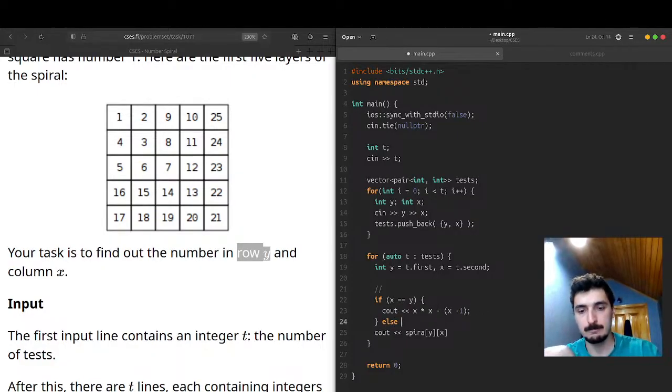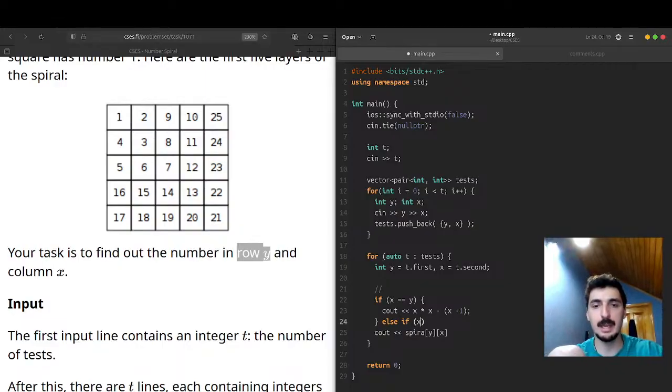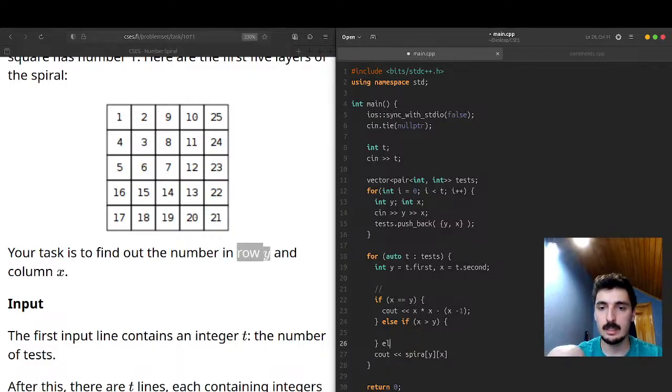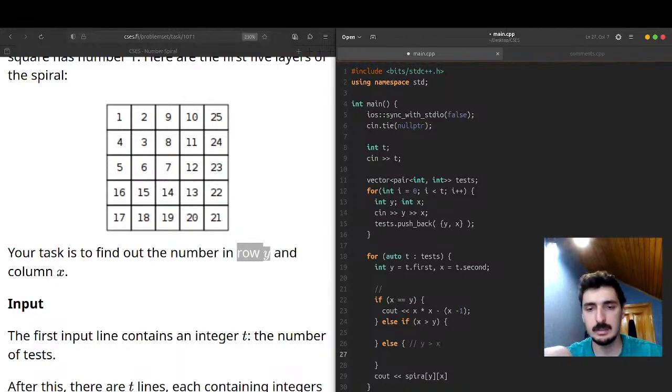Else, if we have a case of x is more than y, and else, which is gonna be y is more than x, but I'm just not gonna write it in the code itself. I'm gonna comment it out. So what's happening here? We have x more than y.